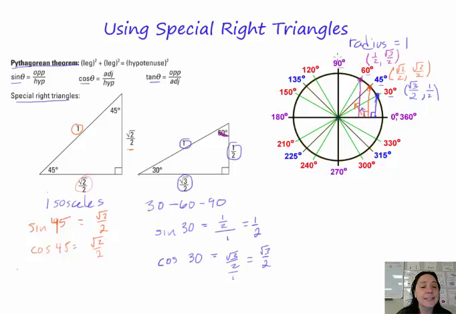And then I can consider a unit circle definition that we've developed by using these special right triangles to find the sine and cosine values for these purple angles. So in our next lesson, we extend the sine and cosine using these special right triangles to the rest of these red and blue angles.